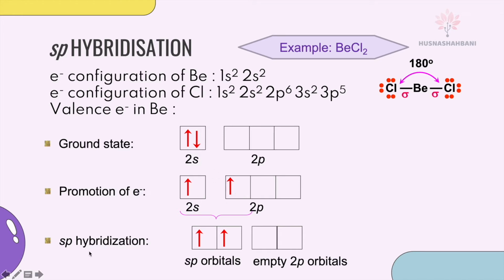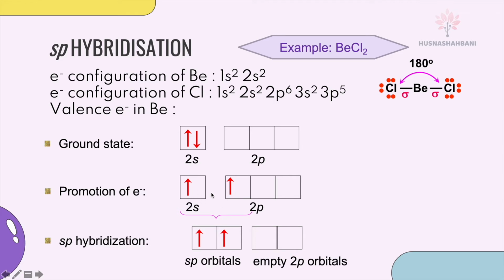And then, lastly, these 2 electrons are mixed, 1 electron in the s orbital and 1 electron in the p orbital, mixed together, resulting in sp orbitals. Because 1 electron is from the s orbital and another electron is from the p orbital, that's why the name is sp orbital.